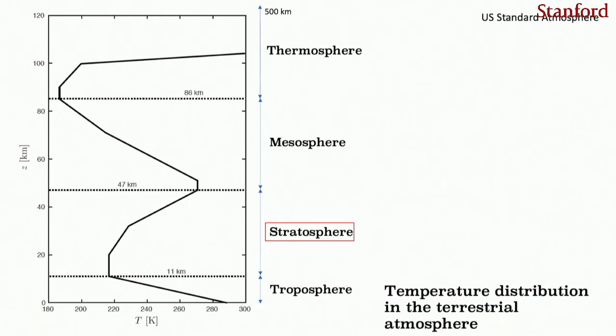The stratosphere also hosts clouds and those are called polar stratospheric clouds, and they only appear on the poles, and they are mostly composed of acid crystals and ice crystals.